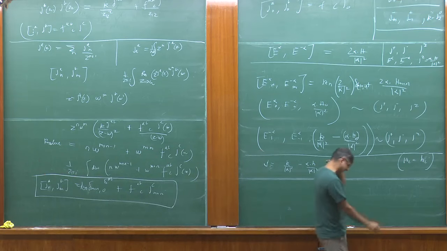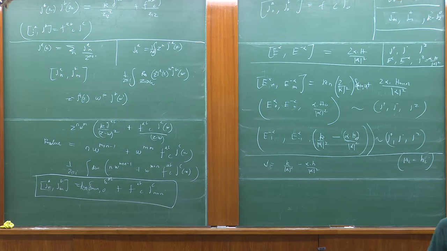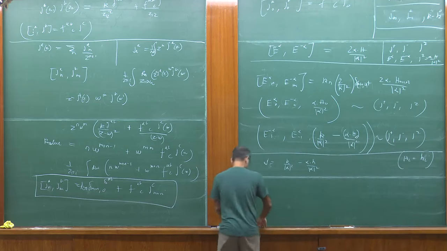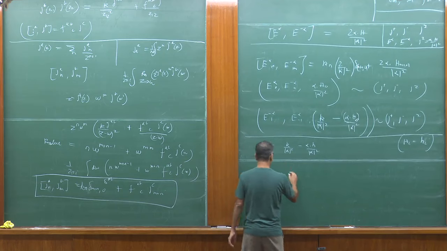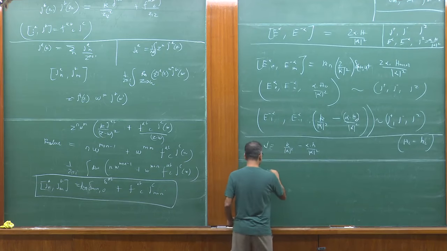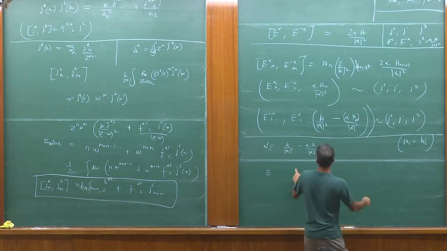Now, suppose I have a j equals j state of SU2 and I act 2j plus 1 times on it with a lowering operator. I should get 0. Right? So what we conclude is that if we act, then what was the lowering operator?